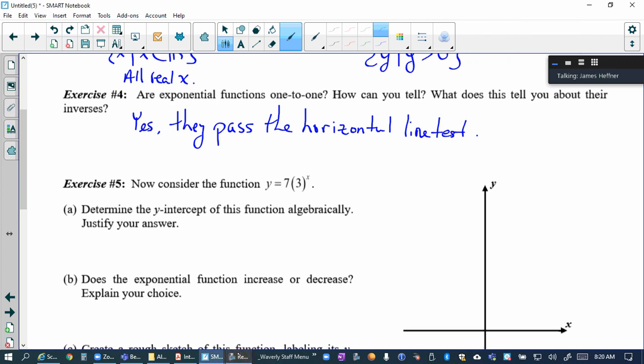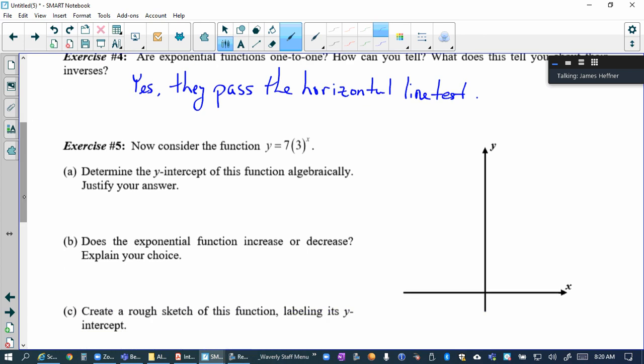All right, let's go on to exercise 5. We have a function y equals 7 times 3 to the x. What's the base of our function here? 3, right? 7 is not the base, it's just thrown in there. It's going to make it climb a little bit faster. So let's determine the y-intercept. Where do we find the y-intercept?